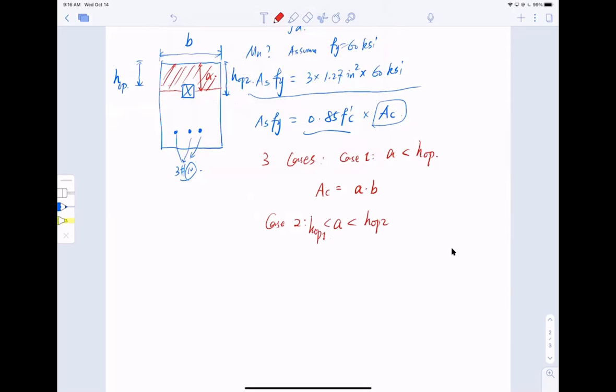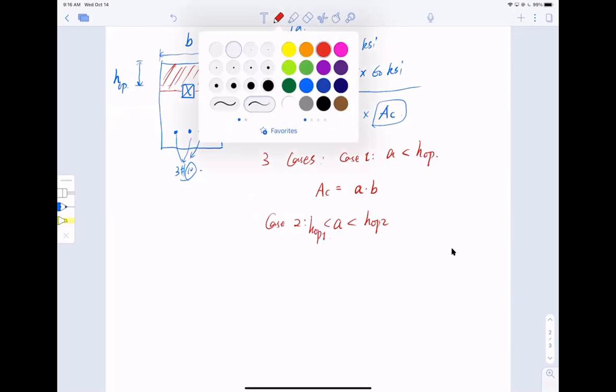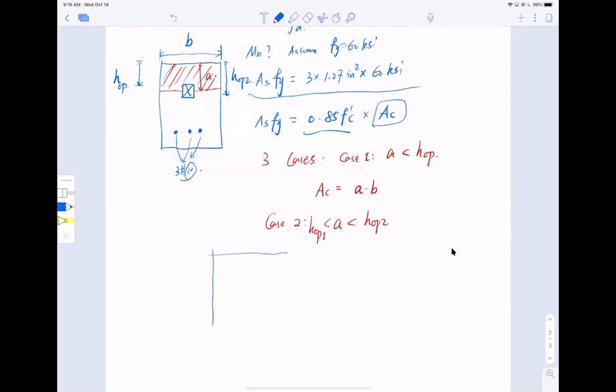What you do now, if I have this case, right? Let me zoom in. So essentially, I will have the opening right here. I have a in this area, right? This is my Ac. So I can simply divide that into two parts, right? So this is h_op1, and this is a minus h_op1.